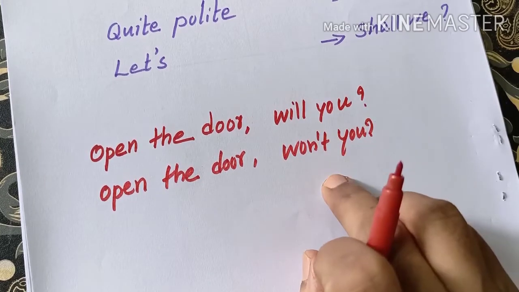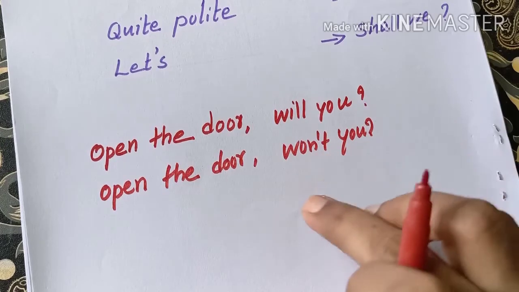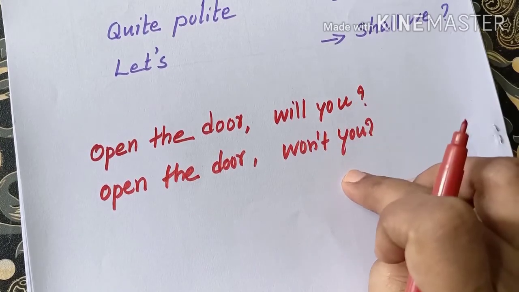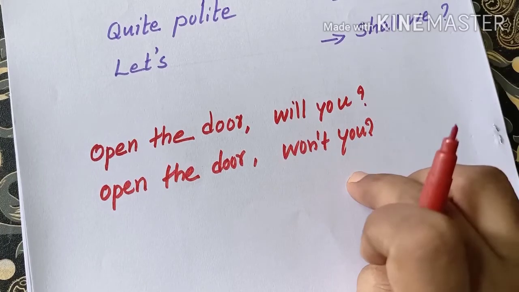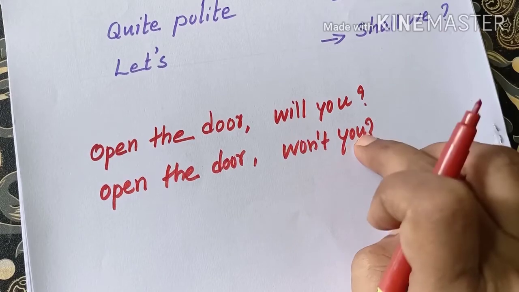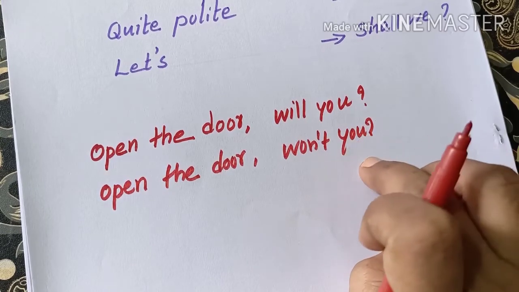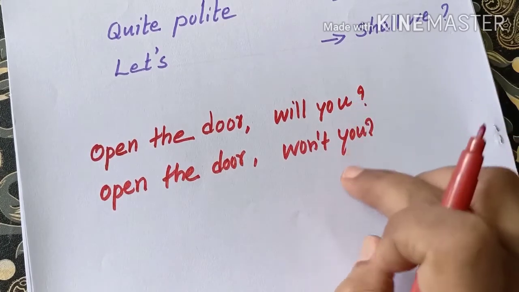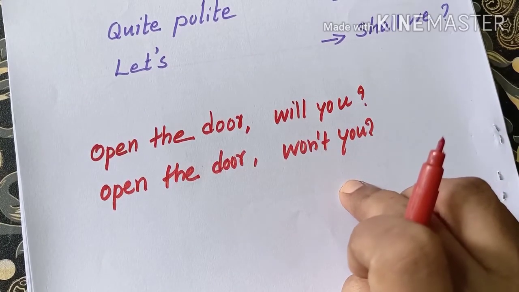So you should remember that when it comes to the examination, you can write either will you or won't you. It does not matter, because will you and won't you depend on the mood of talking, not on the examination purpose. So for examination purposes, write either will you or won't you.